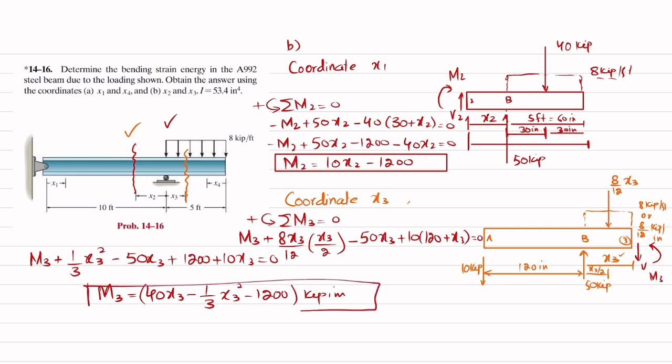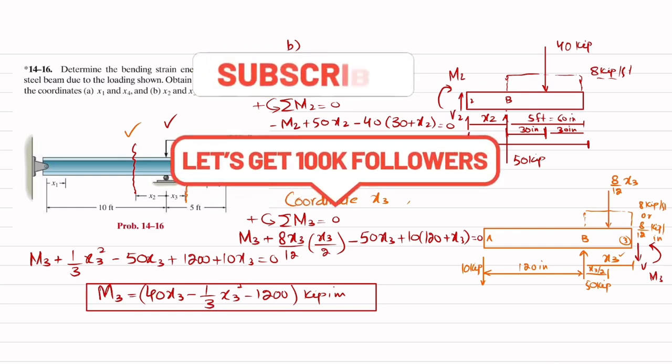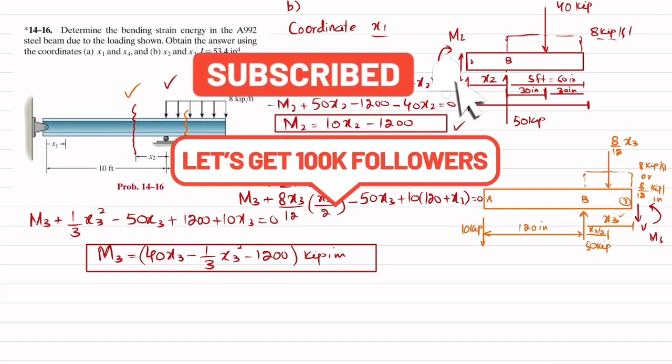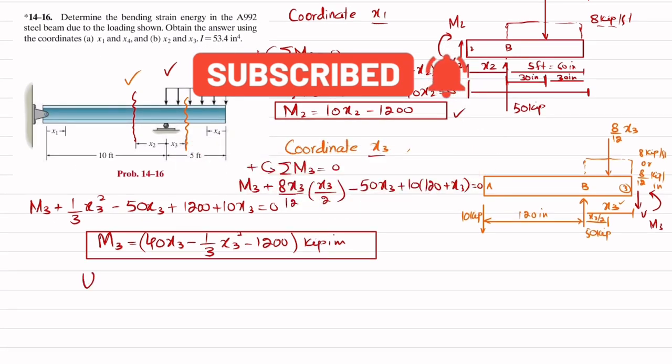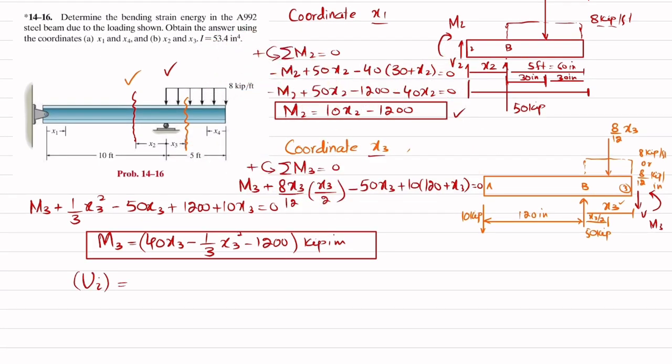Okay, now we have both M2 and M3. M2 is due to coordinate x1, and M3 is due to coordinate x3. So you can just put it in this formula. Strain energy due to bending is equal to integral of 0 to L m square dx over 2EI.